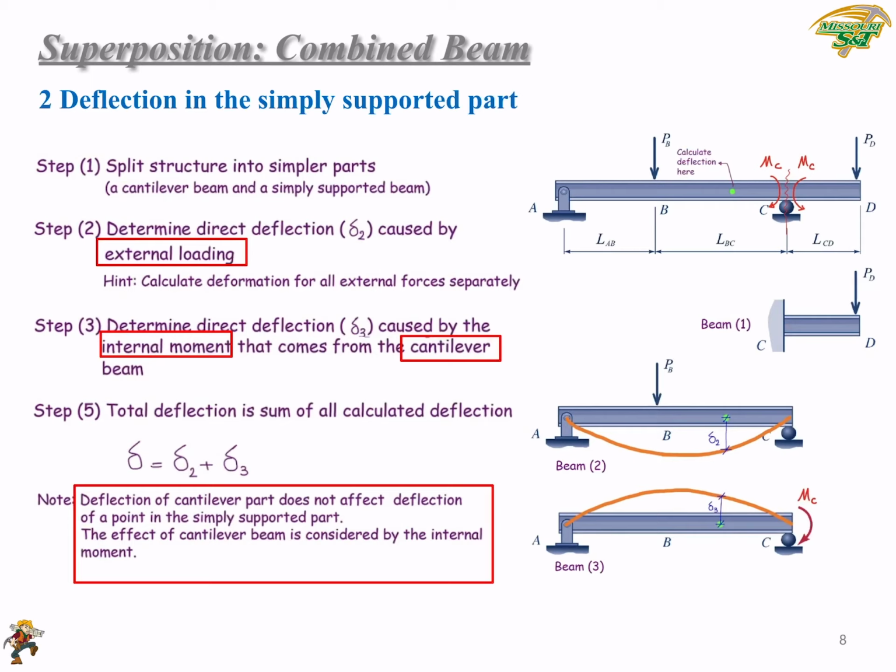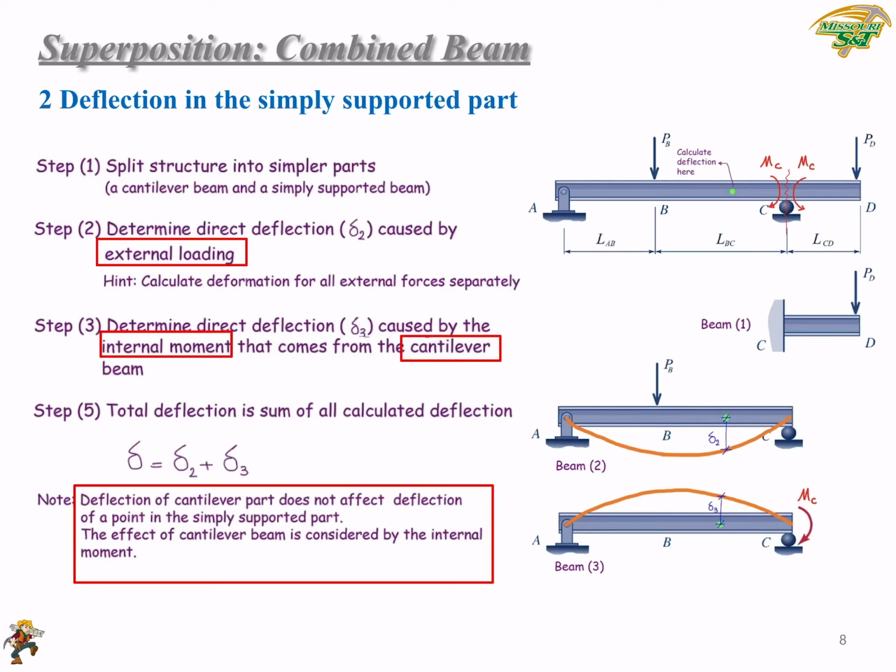So in this slide, we're showing how to determine the deflection in the simply supported part. The same splitting applies: one cantilever beam and two simply supported beams. As we analyzed before, beam 1 will not affect the simply supported beam.